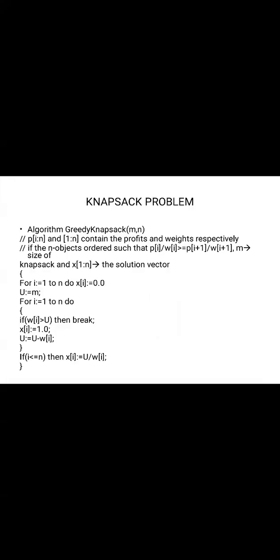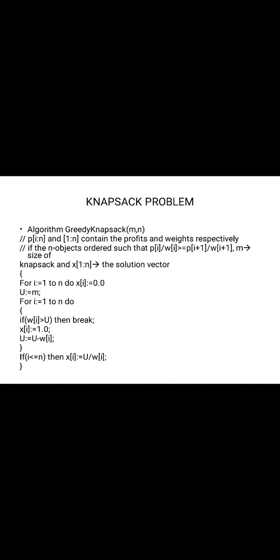So this is the algorithm for the knapsack problem. This is also a greedy approach method we are using to solve the 0/1 knapsack problem. Here we have the profits and knapsack size, and repeatedly we are calculating the best solution of the given weights: how many possible weights we can properly insert into the bag.